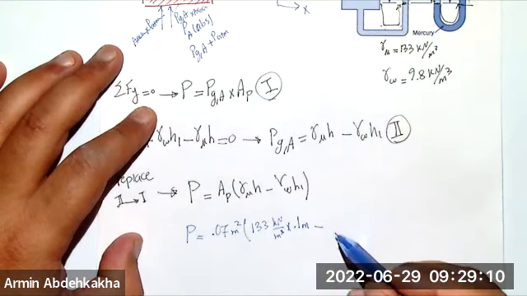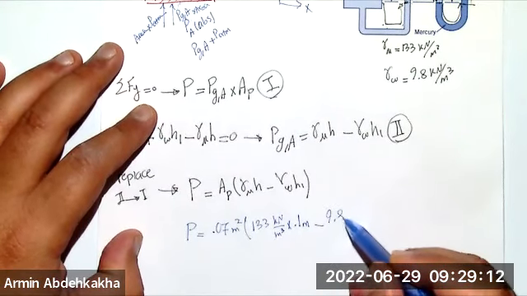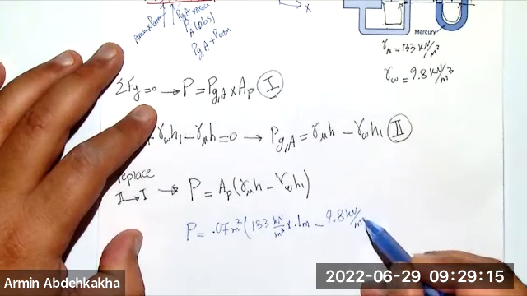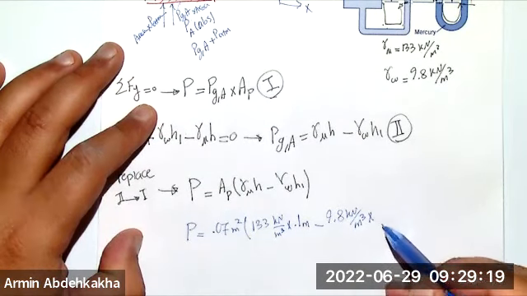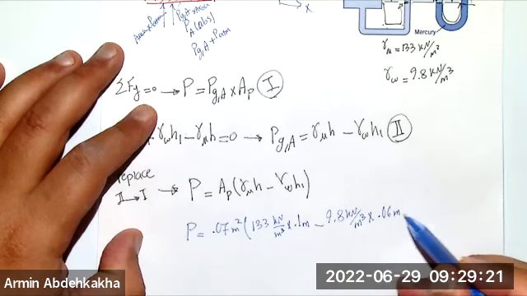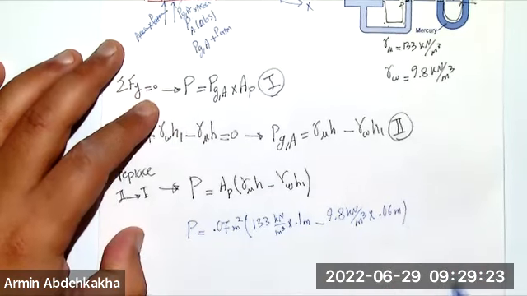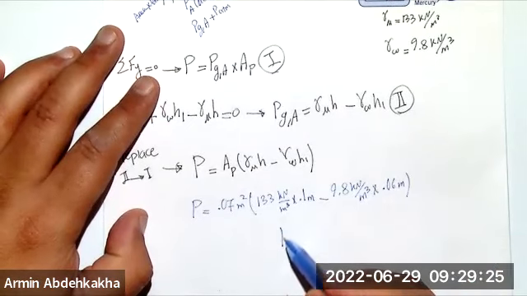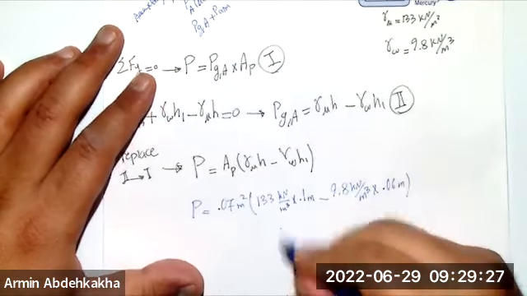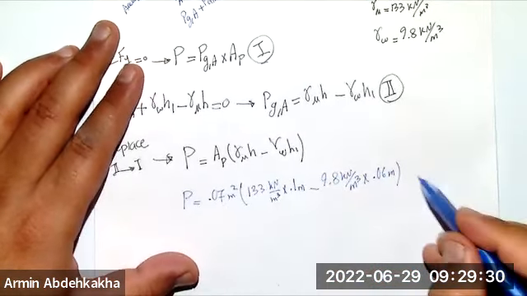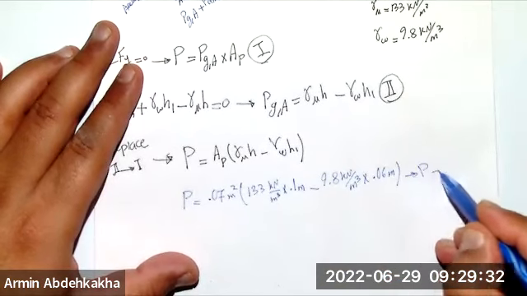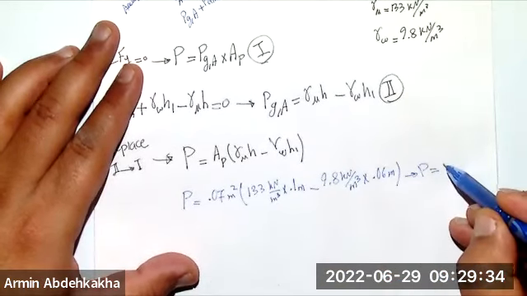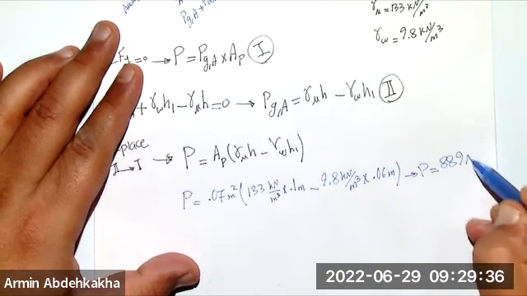Minus gamma water, which is 9.8 kilonewton per meter cube, times 60 millimeter, which is 0.06 meter. Okay. The final answer for P is 889 Newton.